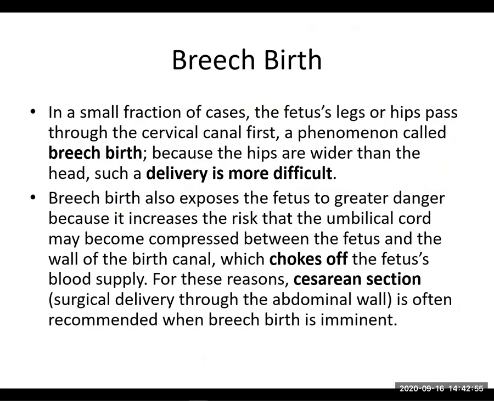If it's not a head first birth, then it's called a breech birth. It's more difficult to do. A C-section may be needed to safely take the baby as well as to protect the mother.